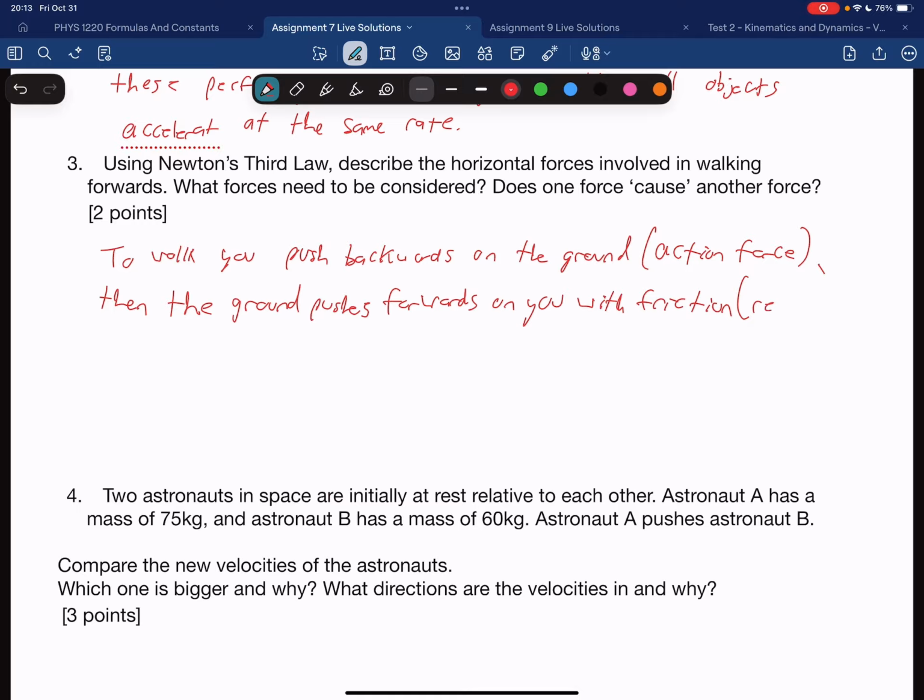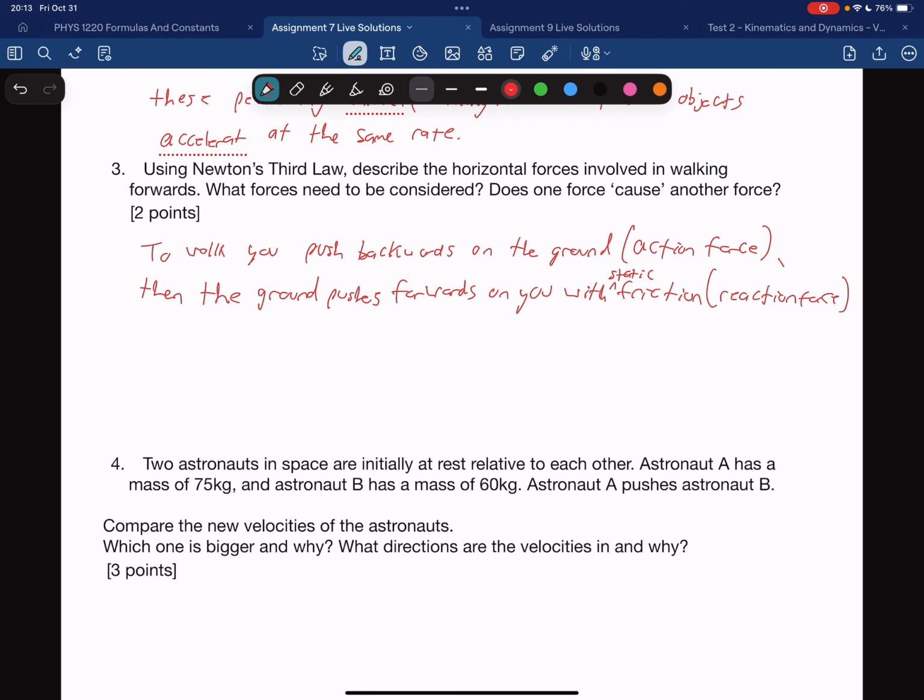This is the reaction force. And it is also static friction, assuming that your feet do not slip. And those are the horizontal forces.